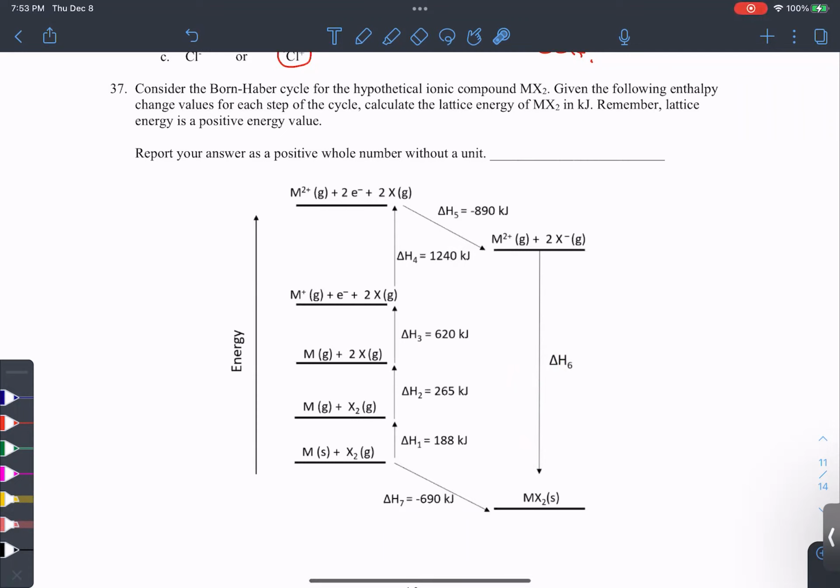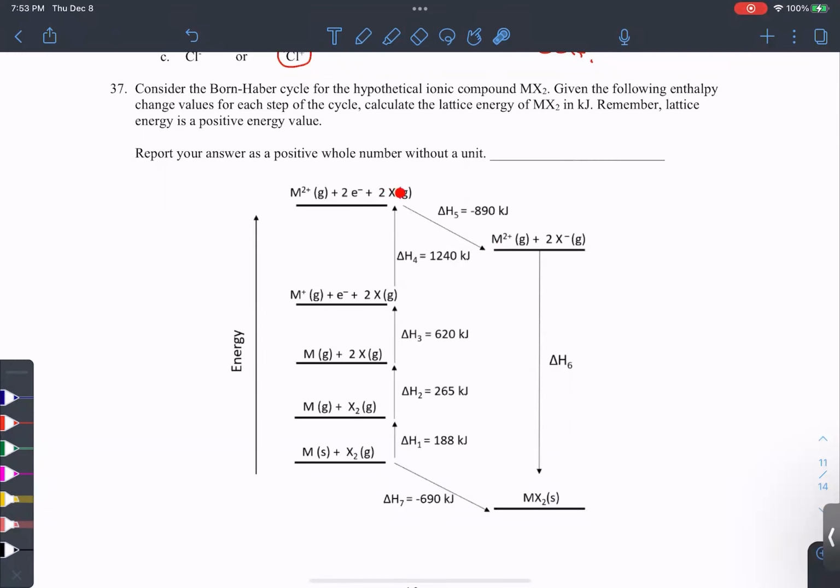So a question often that's asked, if you look at one of these steps, like this step, we're taking the electron affinity of the X atom, but see how there's 2 X atoms?